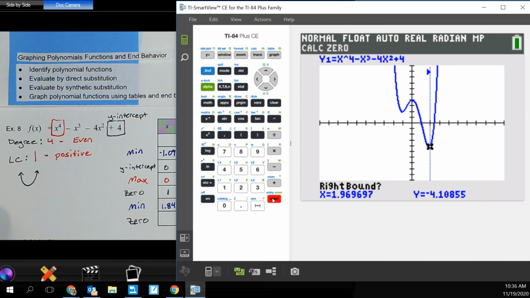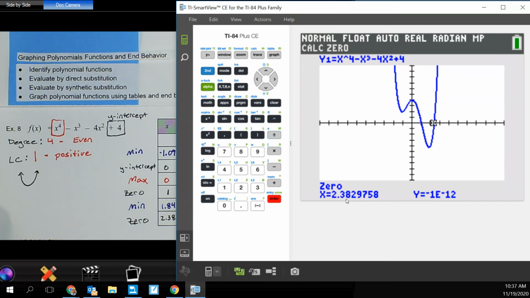So I'm going to hit enter. Then it says go to the right of the 0. Hit enter. And then it says guess. Where do you think the 0 is? I think the 0 is going to be right about there. And it says it's 2.38.